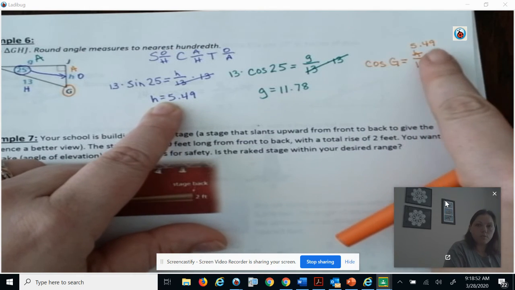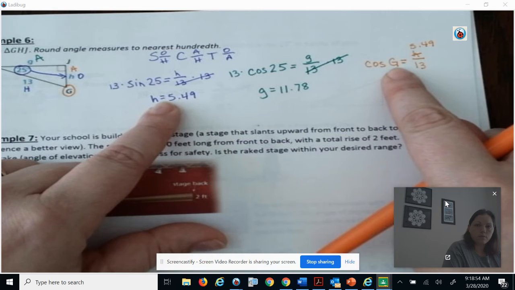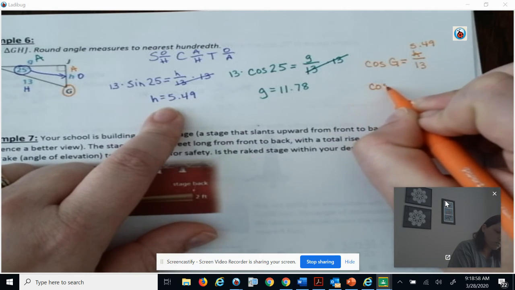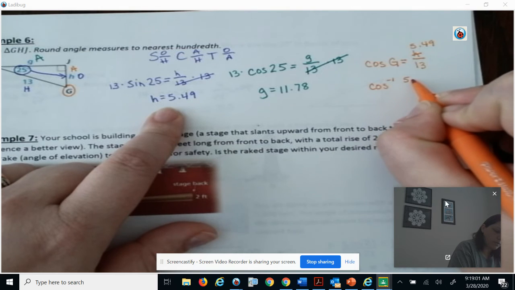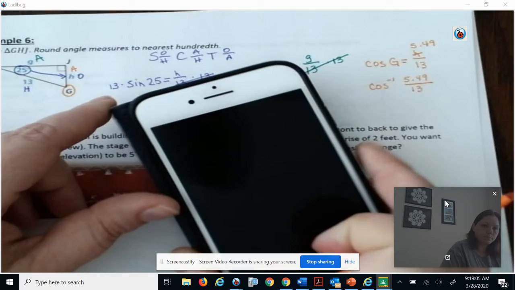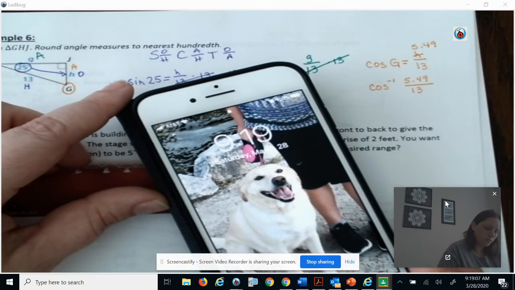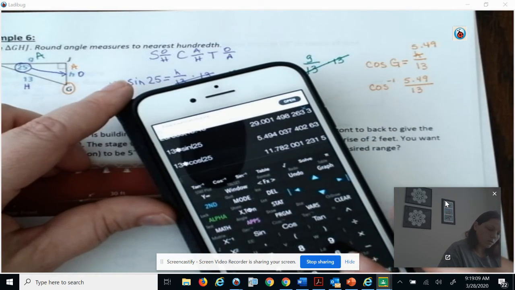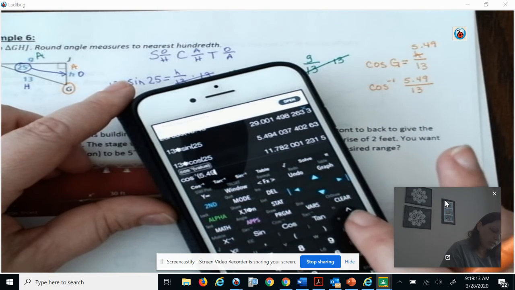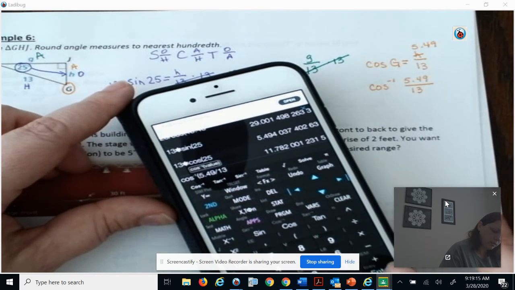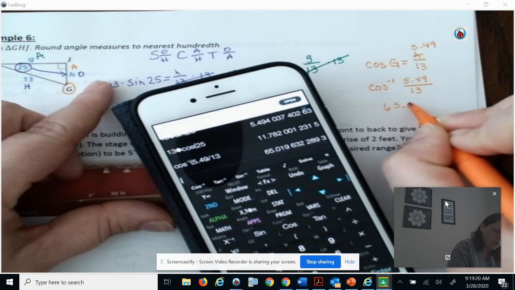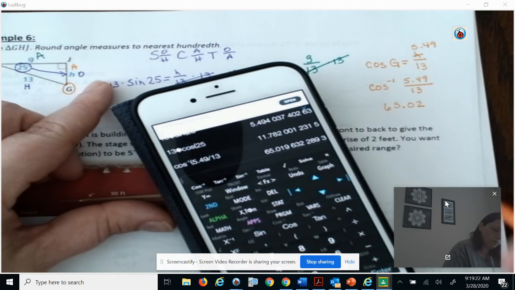Okay, so we know both of those legs, and to find that angle measure, we can use the cosine inverse of 5.49 over 13. So second cosine, 5.49 divided by 13, and we get 65.019, make that a 2.